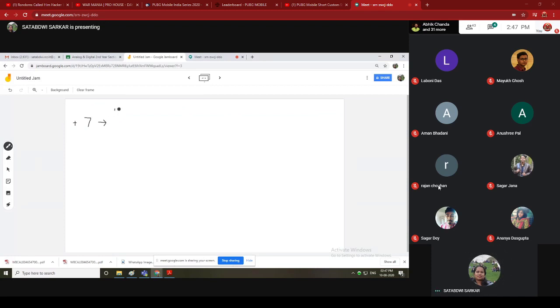It must be mentioned in the question paper whether you have to take 5-bit, 8-bit or 7-bit representation. Whatever is mentioned in the question paper, you have to represent with that many bits. Suppose it is written here that 5-bit representation is required.